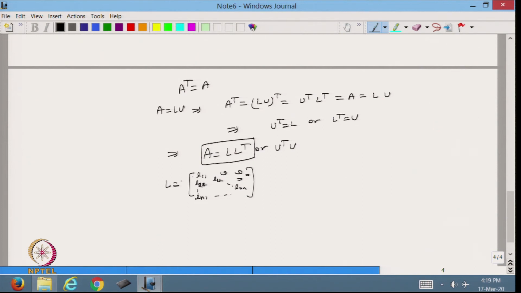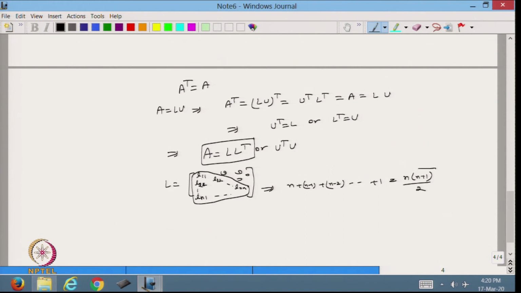So, from here I can say that I need to find only these elements, and how many elements are there? We have n elements at the diagonal plus n minus 1 at these points plus n minus 2 and so on up to 1. So, this will be equal to n into n plus 1 by 2.